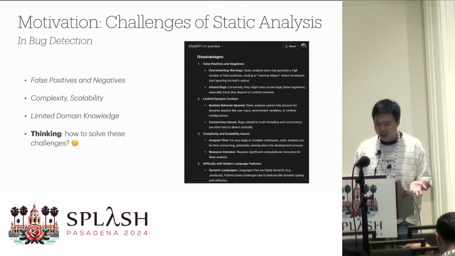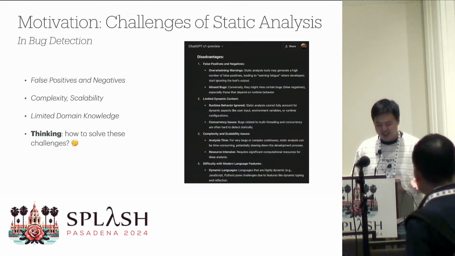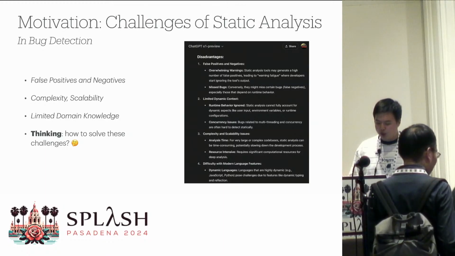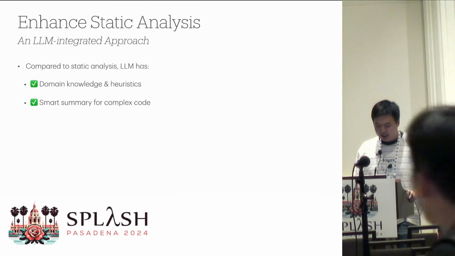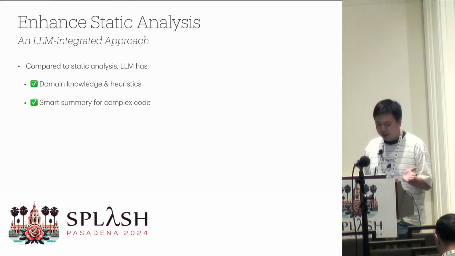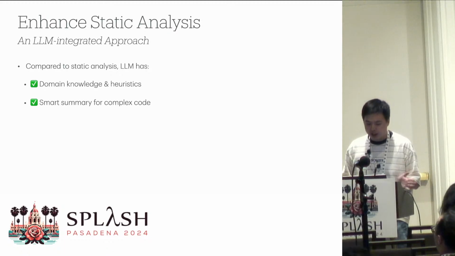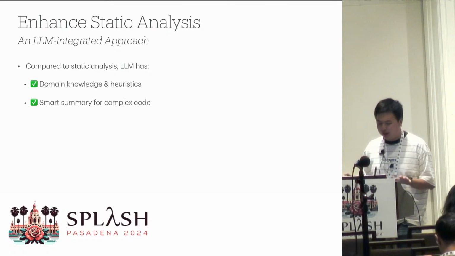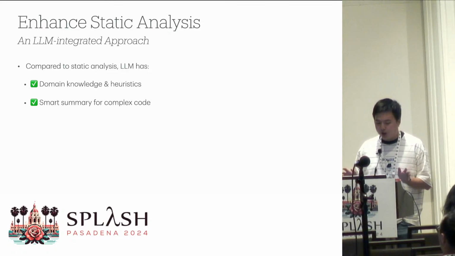Of course, just as our title indicates, our solution here is using a large language model. Compared to static analysis, an LLM is very smart, and it typically has lots of domain knowledge and heuristics. Sometimes you can rely on an LLM to give you a smart summary of complicated code structure that static analysis may struggle with.